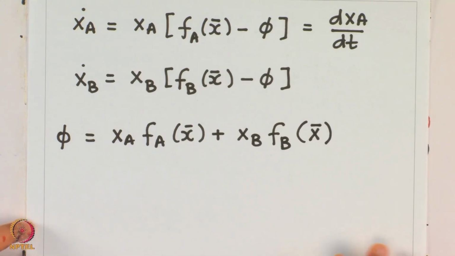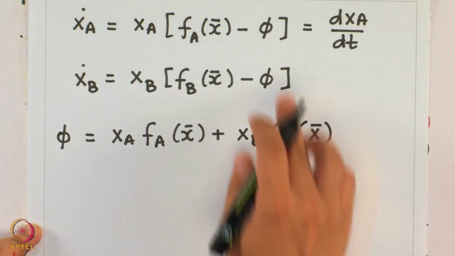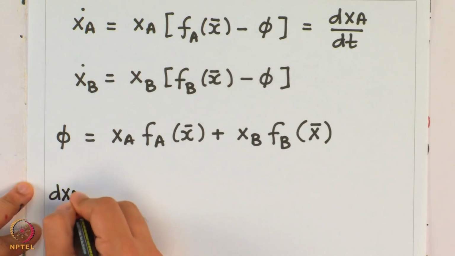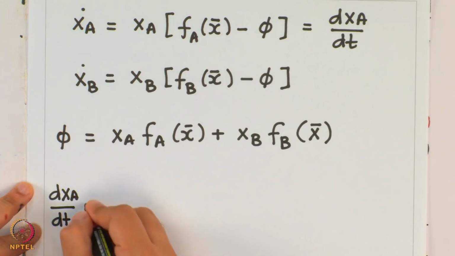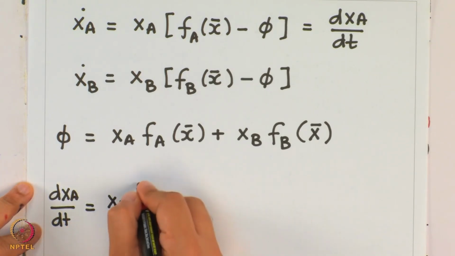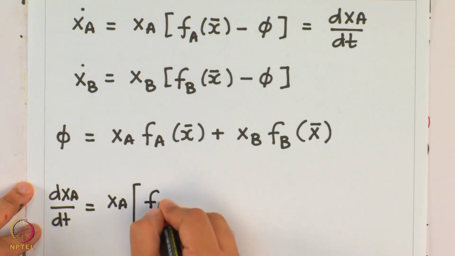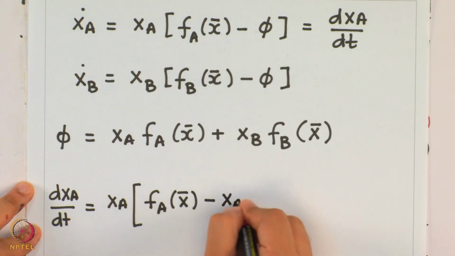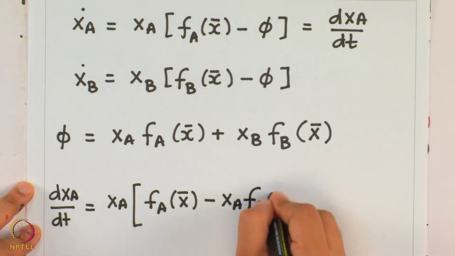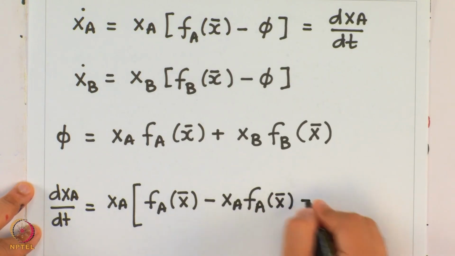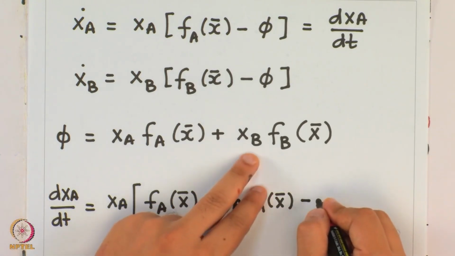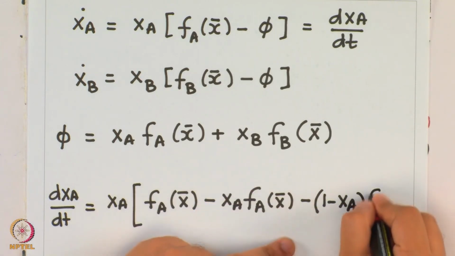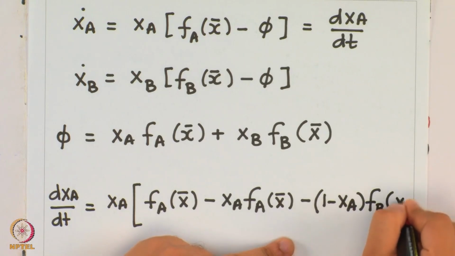So, we can simplify this further. We can plug this value of phi into the first expression that we have here and get dx A by dt is equal to x A into f A of x minus x A into f A of x minus, and I am going to write x B as 1 minus x A, times f B of x.